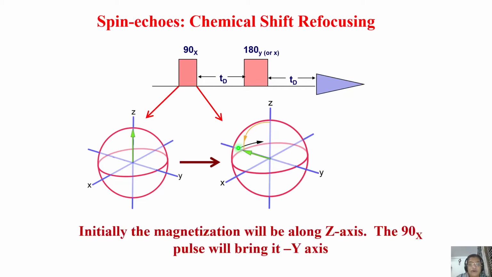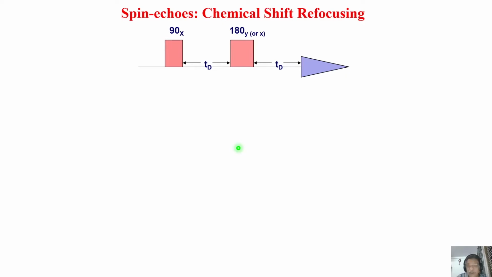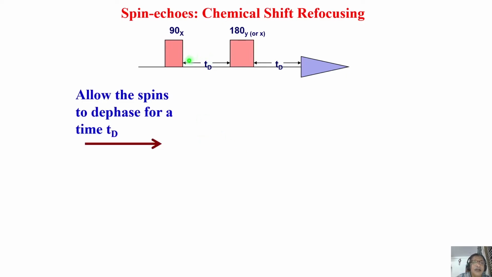Okay. Now what is going to happen? As soon as you bring the magnetization 90 degrees to the minus y axis by a 90-degree pulse, we keep quiet. We don't do anything. What we will do is allow this magnetization to start dephasing with the time TD. Remember, I discussed dephasing. As soon as the magnetization is brought to the xy plane, initially the entire magnetization will be in coherence.